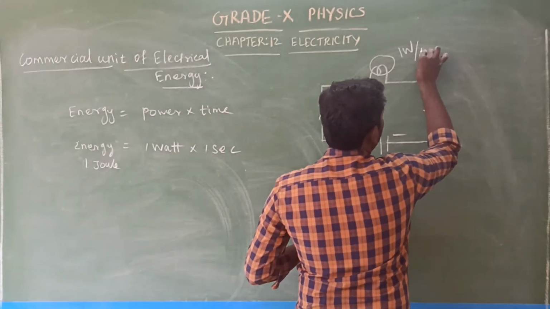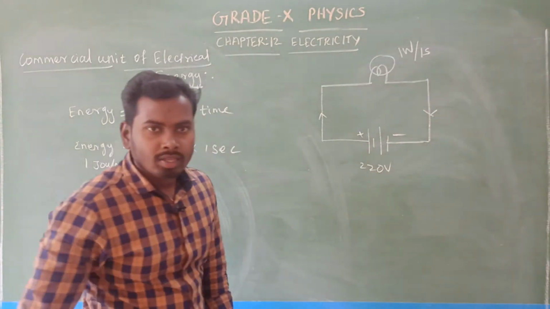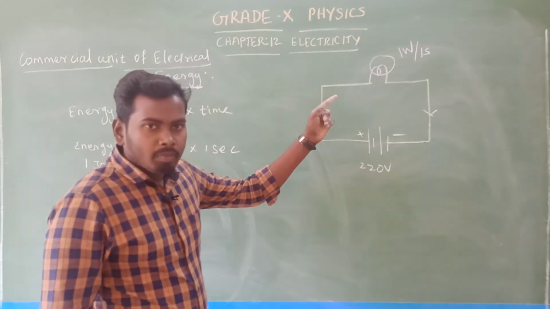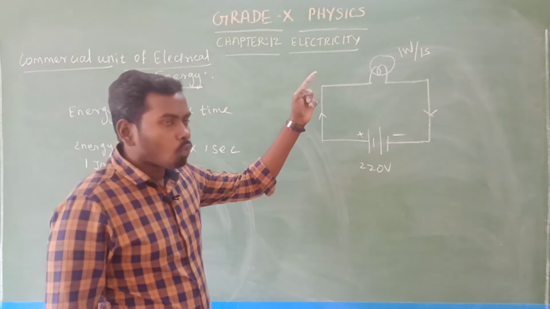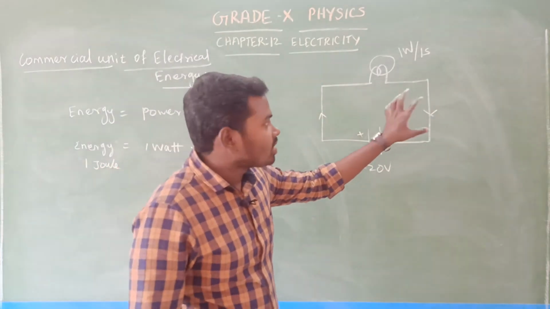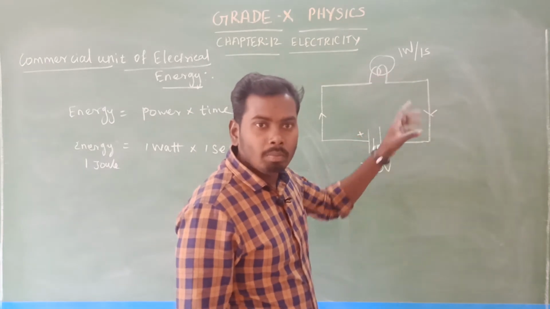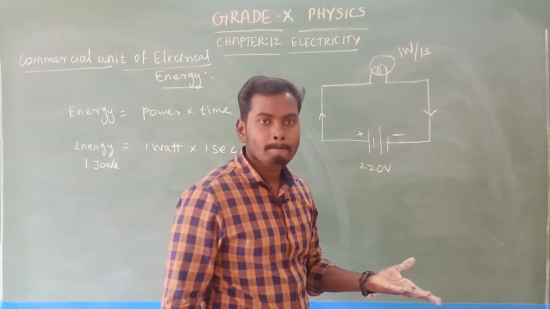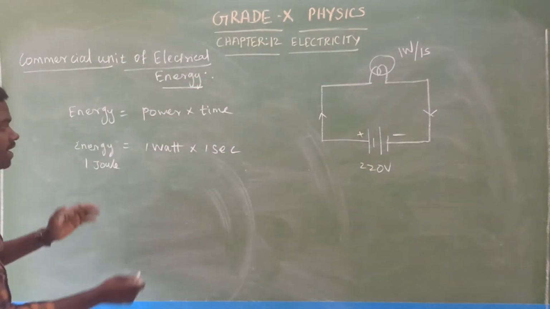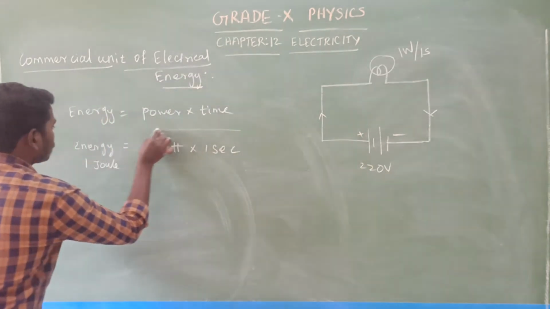If the bulb with power rating of 1 watt is glowing for 1 second, then the energy consumed by the electrical bulb will be 1 joule. That's all. That is the meaning for this one.